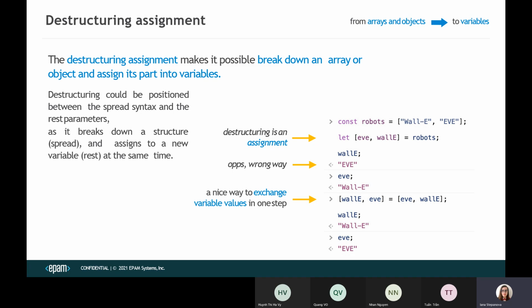It can be like a, comma, b equals robots. And we can see that in Wally, we actually have Eve because it was in the second place in my square braces. And in Eve, I actually have Wally stored. So when you are receiving an array, you can easily destructure and get the values you desire from it.